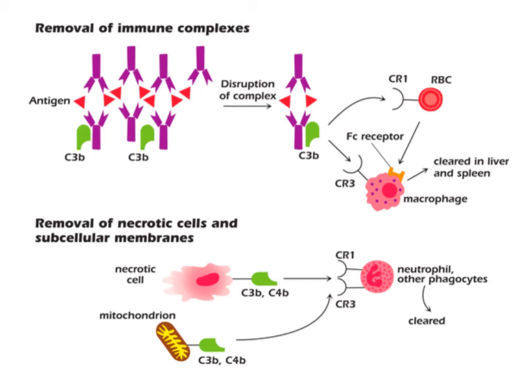So they will attach over there, and then cells like macrophages and even red blood cells, which have CR1 or CR3 receptors, or even Fc receptors, will bring them to the liver or spleen, and they will be cleared off.